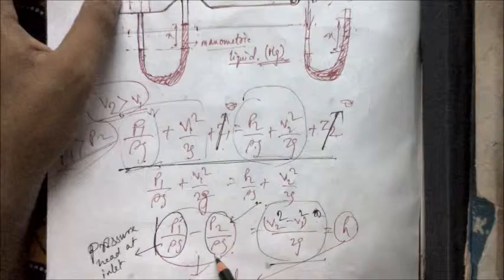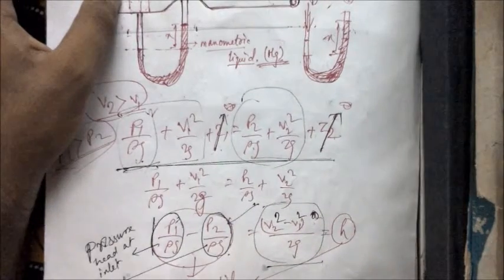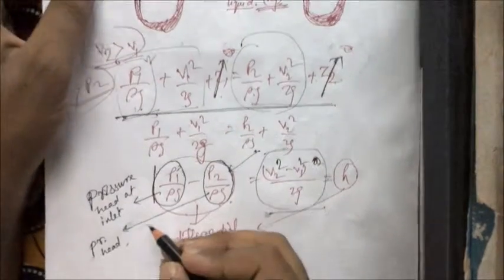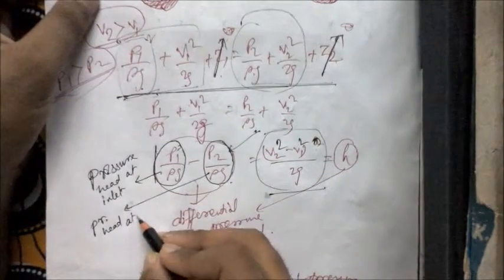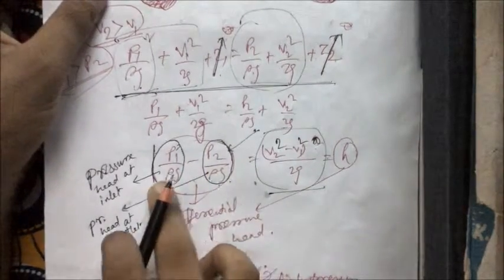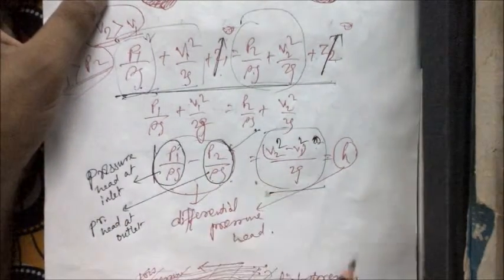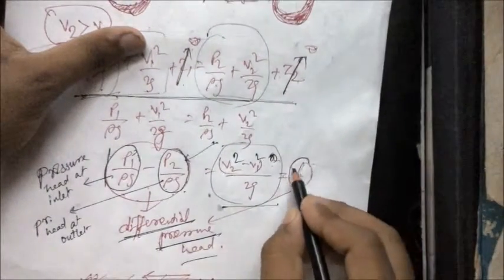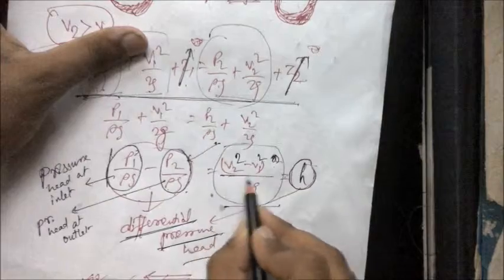Similarly, P2 by rho g is the pressure head at outlet. So what is the difference between the inlet and the outlet pressure head? It is the differential pressure head. The difference, it is H. H is also equal to this thing.